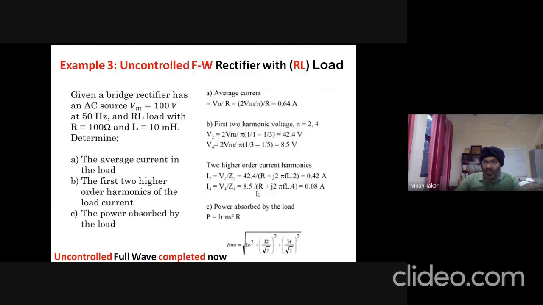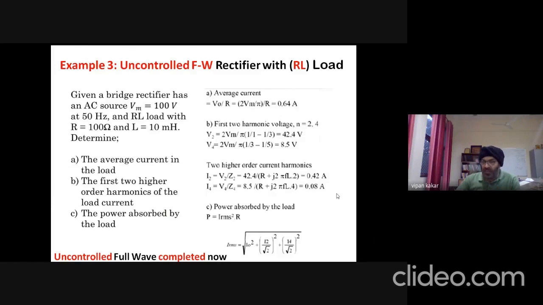The fourth harmonic has a current of 0.08 amperes, which is kind of negligible compared to the DC component. It may not cause any problem at the output, may not cause any disturbance or noise at the output. So this can be neglected depending upon the type of application.